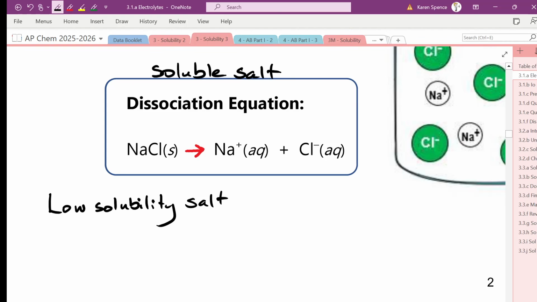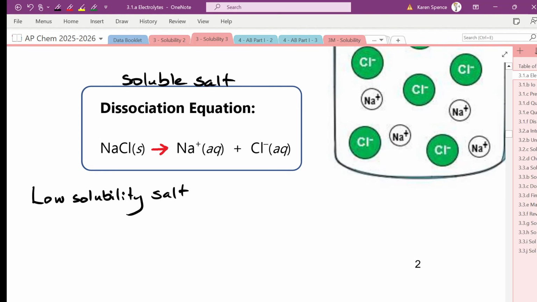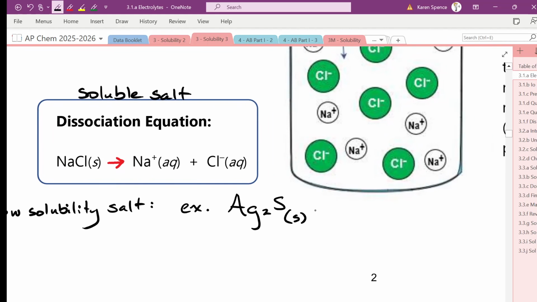let's say, for example, Ag2S, it will dissolve, but only a very little bit.